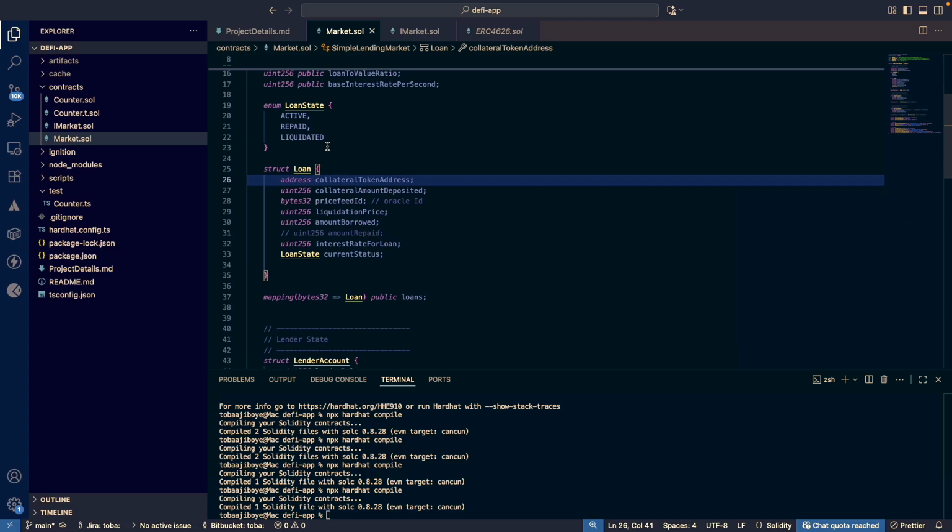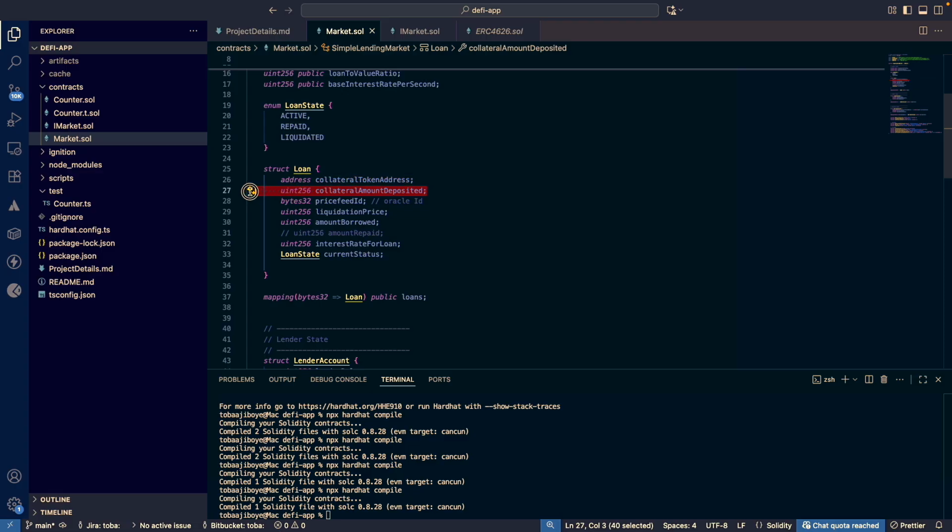For the repayment, yeah. So you have a loan ID, and the loan ID maps to a loan, and the loan has a collateral token address, which obviously you're collateralizing against. It has the amount of the token, so this would be the full amount that supports the loan.